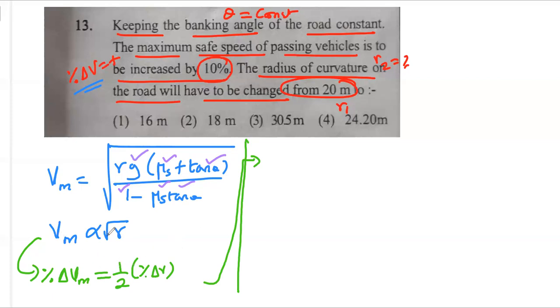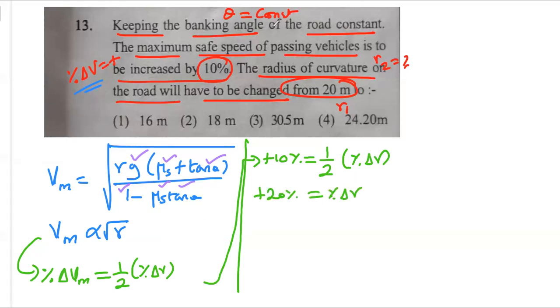This is true for any chapter: where the percentage change is asked, directly go to the error formula. So percentage delta V is plus 10%, equal to half into percentage delta R. Cross multiply, plus 20% is percentage delta R.